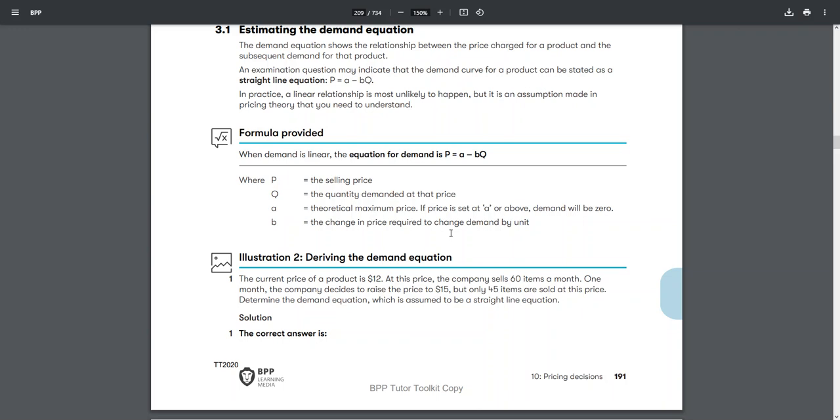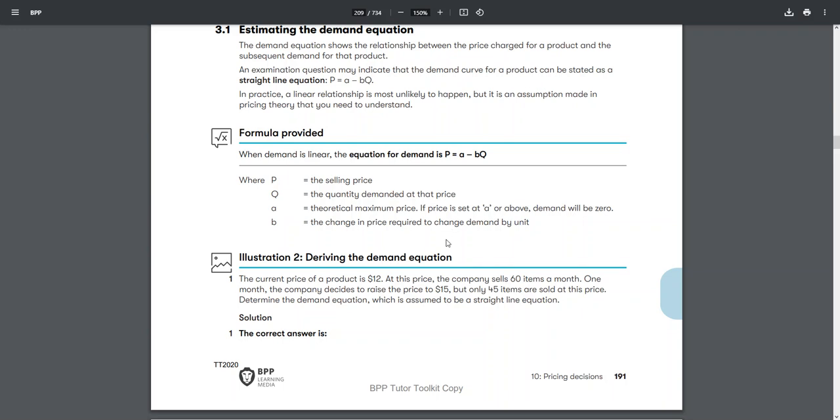There will be a point where demand is going to be nil. The customer believes that at that price, no one is going to buy it. Theoretically, it doesn't have to be practical. And then B is the change in price divided by change in demand. Here we are not looking at percentage. We are looking at the change in price divided by change in demand, not as a percentage.